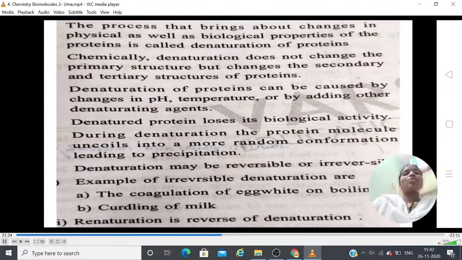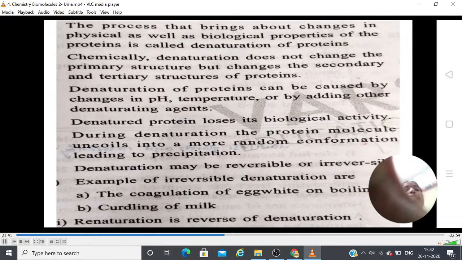Again, the process that brings about changes in physical and biological properties of the proteins is called denaturation of the proteins. Chemically, denaturation does not change the primary structure but changes the secondary and tertiary structures of the proteins.